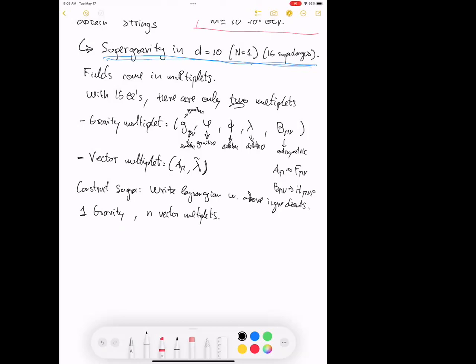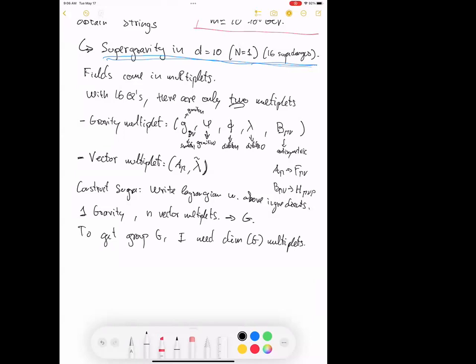And maybe these vector multiplets talk to each other, they're in a gauge group. So actually they could be in a gauge group G. So for instance, if I want to get group G, I need dim of G multiplets.